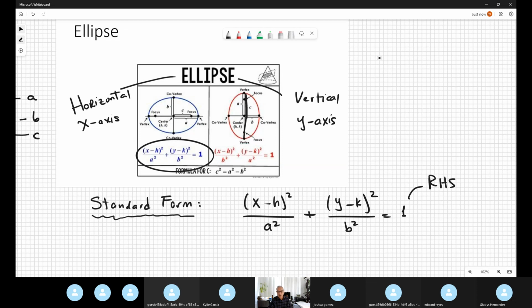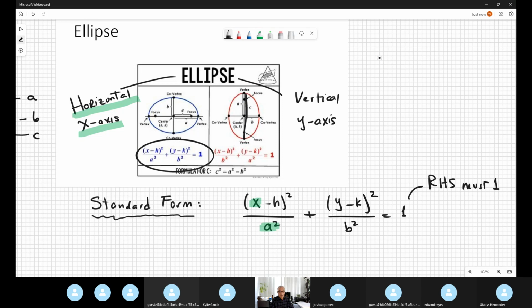Right-hand side must be 1 in the standard form. Now, all of you having some problem is given the equation completely disorganized. I want to teach you how to organize it, putting it in standard form to analyze. Now, remember, A is the distance on the major axis, coincident with the x-axis. That is the reason we are talking about a horizontal ellipse.